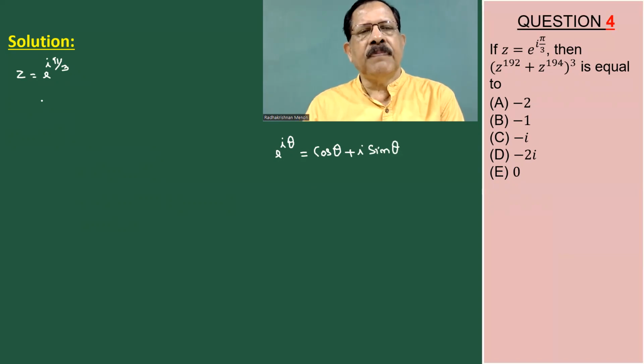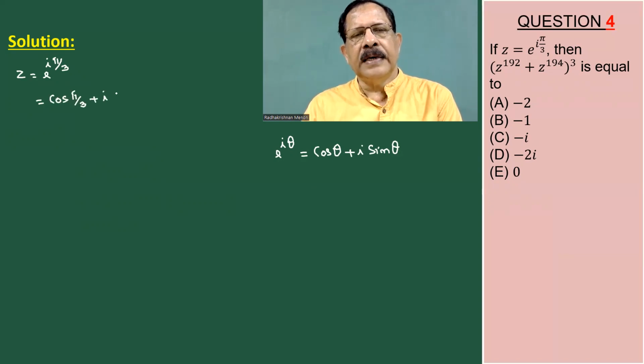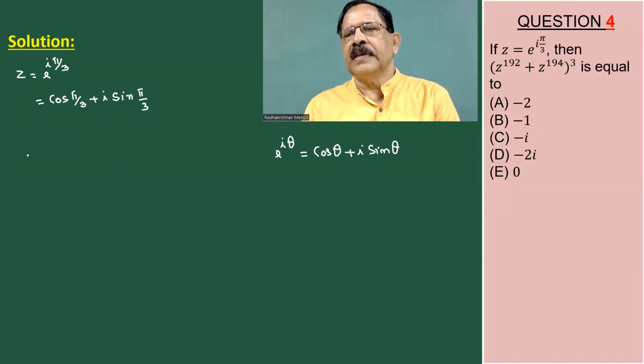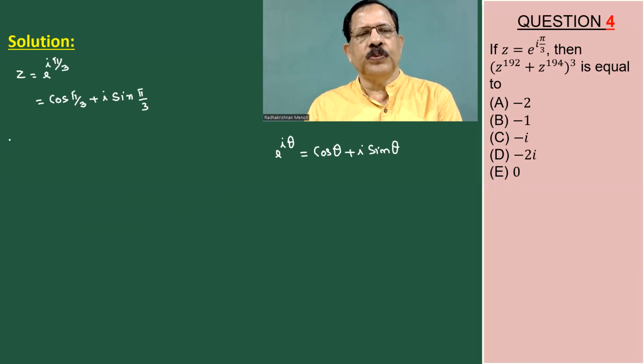So e raised to i pi by 3 is cos pi by 3 plus i sin pi by 3. You are being asked to find out (z raised to 192 plus z raised to 194) whole cube.